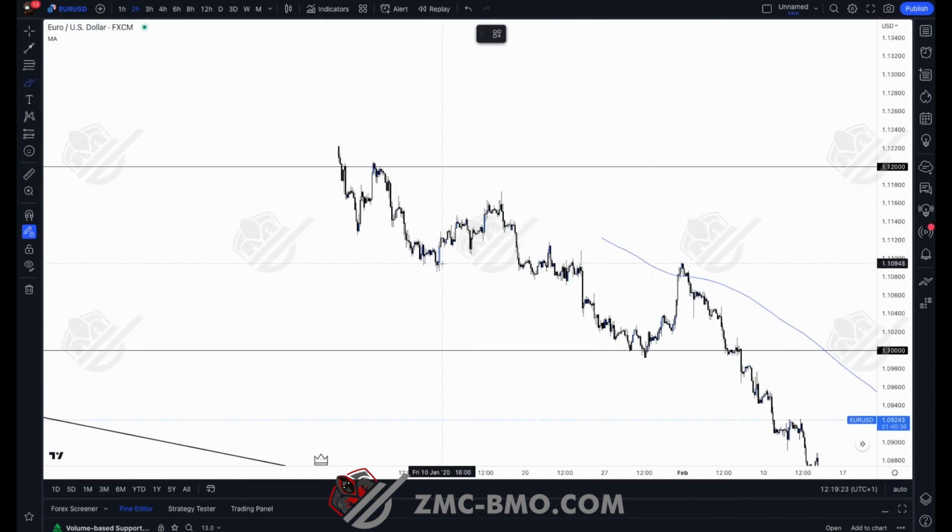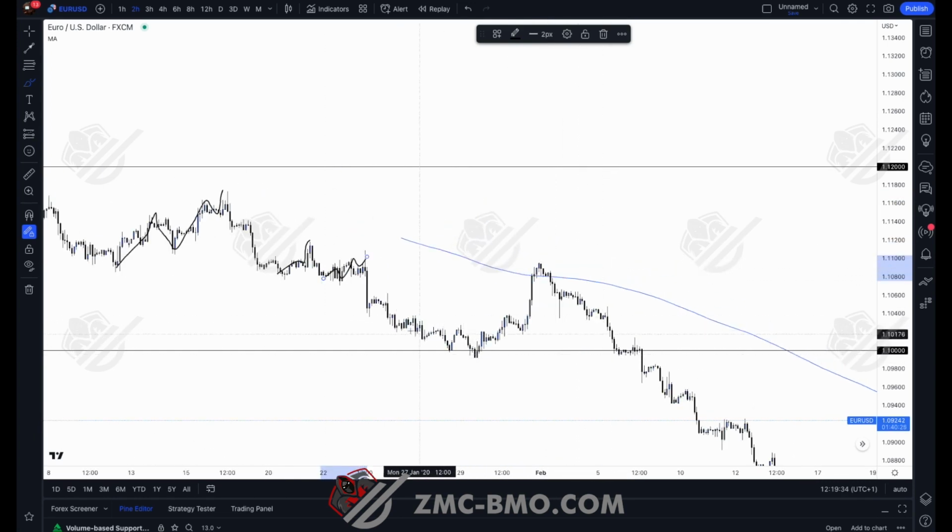These miniature moves, if you will, that you could probably get into as an intraday trader. Of course, if you've got a really lower time frame, you can see that a bit better. All of these miniature moves, the trends within the trends, if you will.